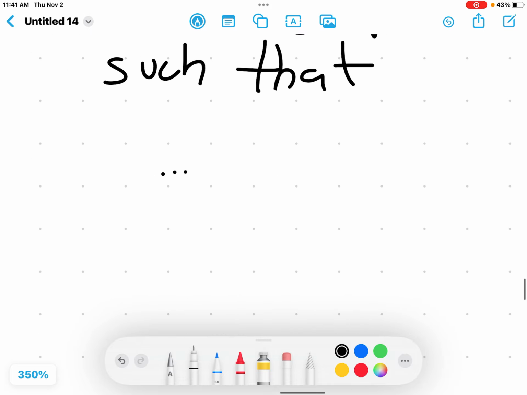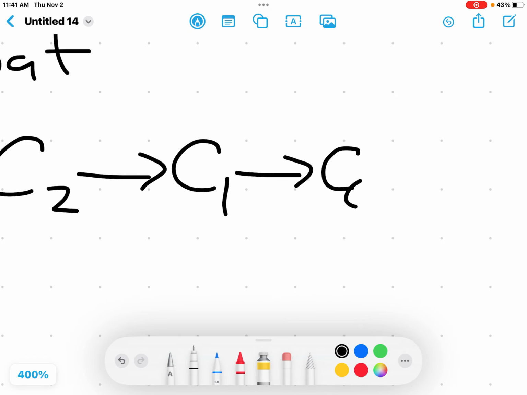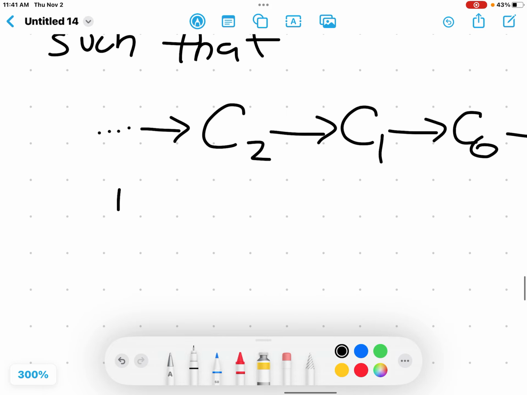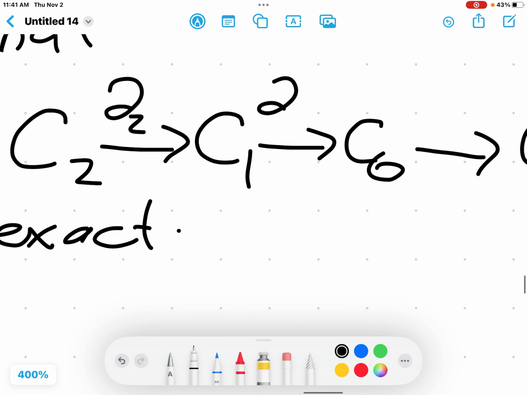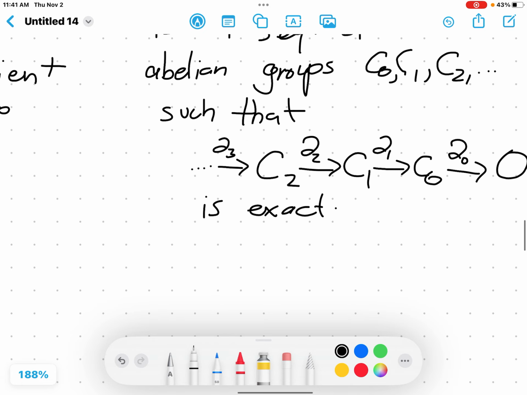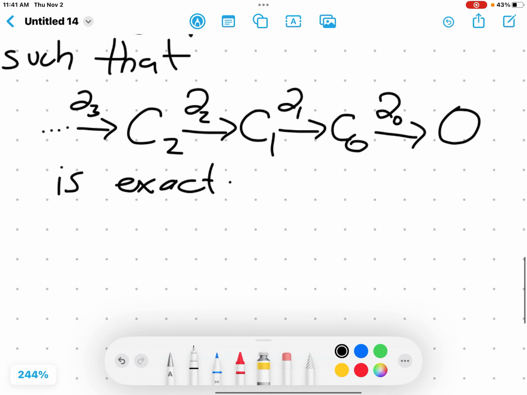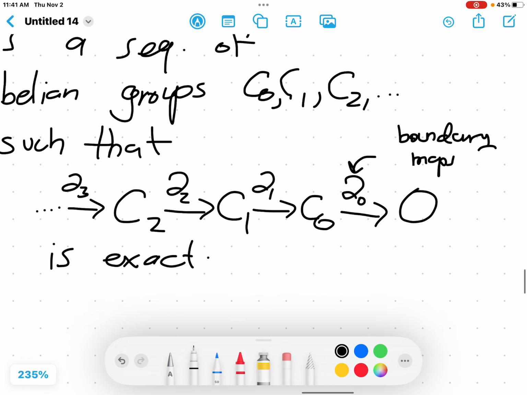This sequence goes from infinity down to C2, C1, C0, and then 0 itself, and is exact. Okay, and I have requisite maps, del 3, del 2, del 1, del 0, and don't confuse these maps with the partial derivative. These are called boundary maps. And they map one abelian group onto the other. So those are boundary maps.